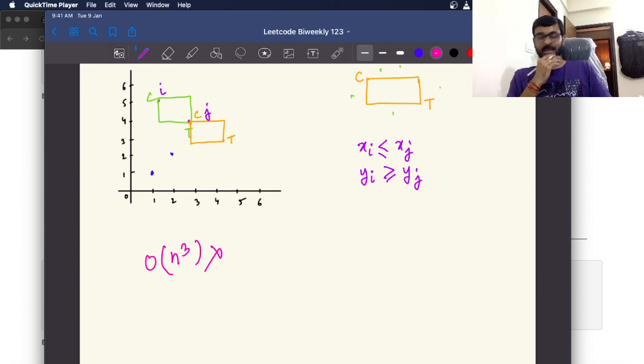Now, given 2 points, how can you suddenly summarize what are the points inside them? That is not possible. What else can be possible?